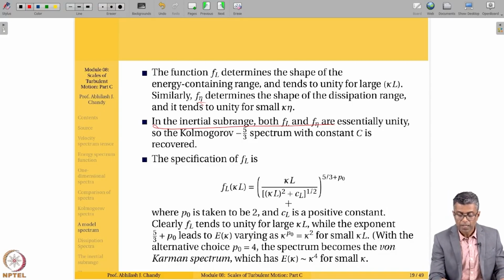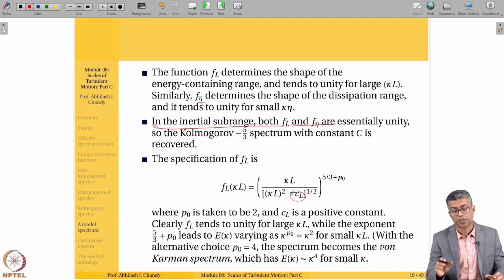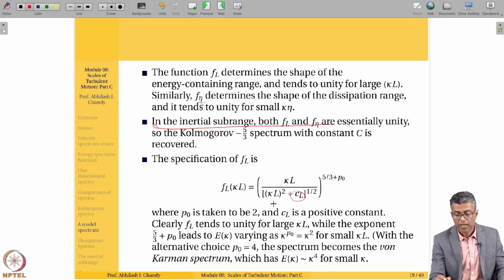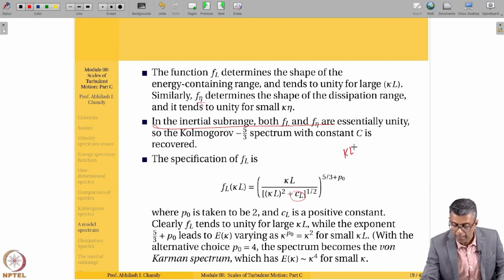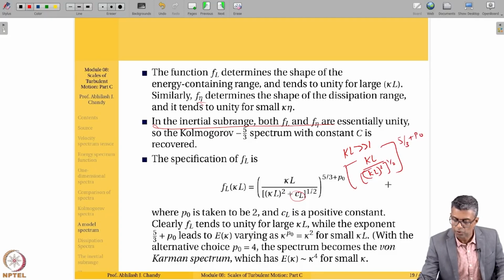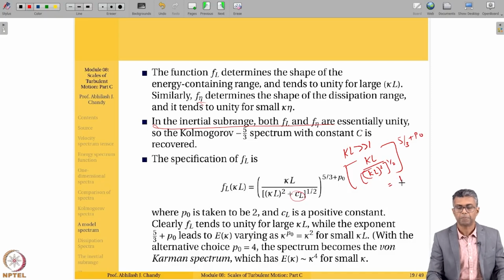Because for large kappa L, this CL drops out, because it is very small compared to kappa L. Then when kappa L is much greater than 1, what you have is kappa L over kappa L squared raised to half, this whole thing raised to 5/3 plus P naught. So then this turns out to be 1 for large kappa L.